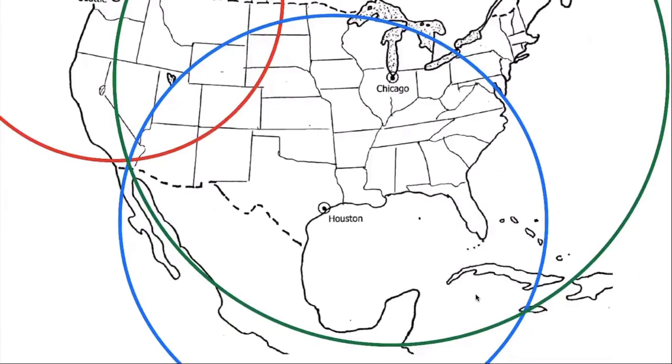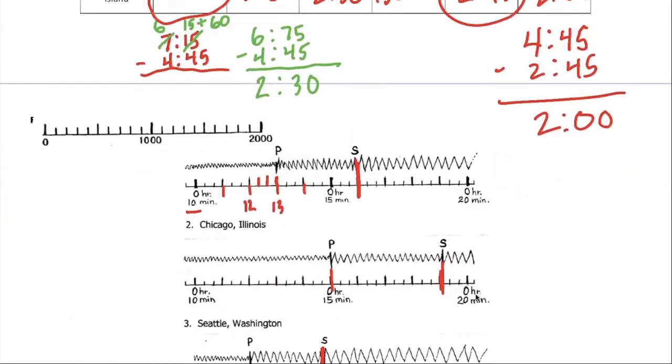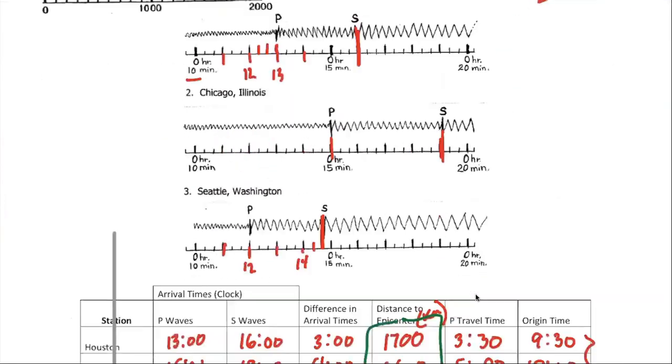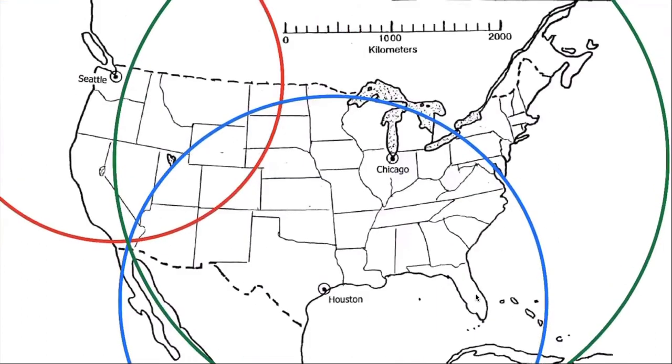Again, not perfect, but I'm going to blame whoever wrote this little practice seismogram. I did not actually do that. So obviously, if I had done it, it would be perfect, right? Sure. So that's how you locate an earthquake epicenter. I know it's a little more clunky on digital, and you're using a drawing compass. So hopefully the drawing compass is easier and you can duplicate this process anytime.